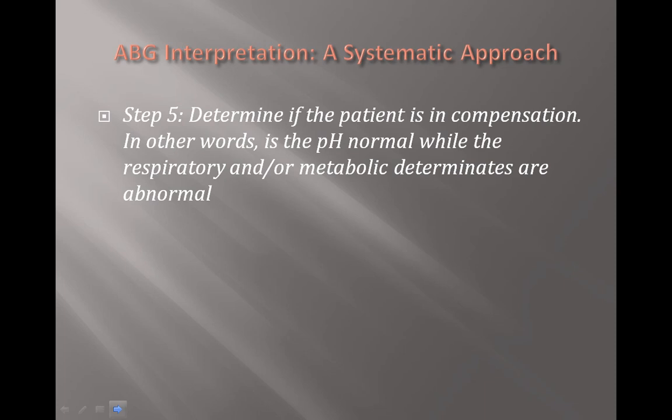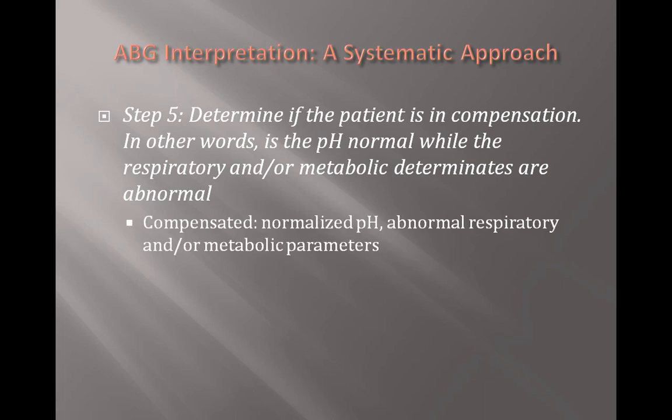In step 5, you want to figure out if your patient is in compensation, just like we did with the bicarb. The simple way to do this is to look at the pH and find the respiratory or metabolic element that is in opposition to the pH. This will determine if there is any compensation and where it's coming from. So, just to review, compensated means a normal pH with an abnormal respiratory and/or metabolic parameter.